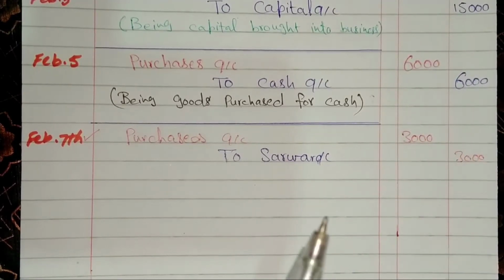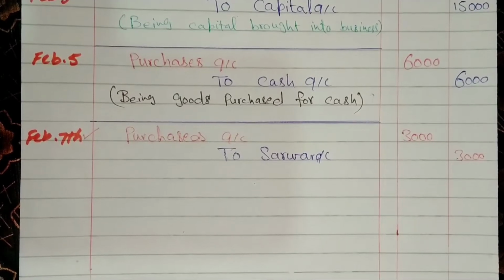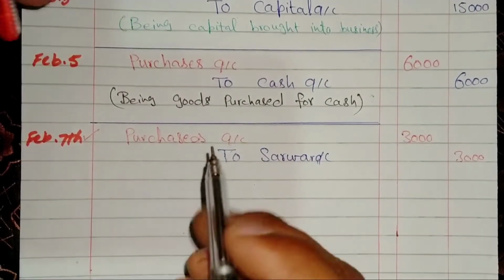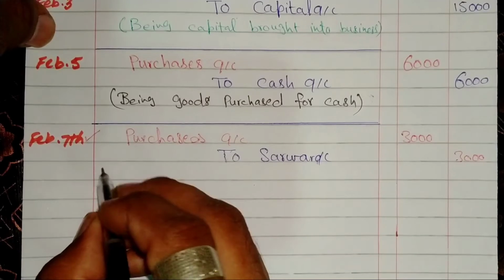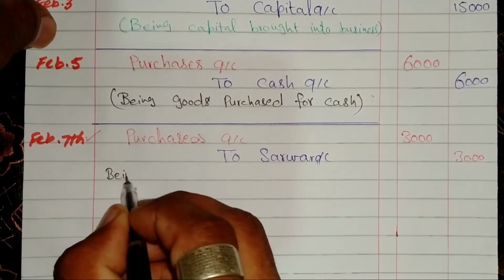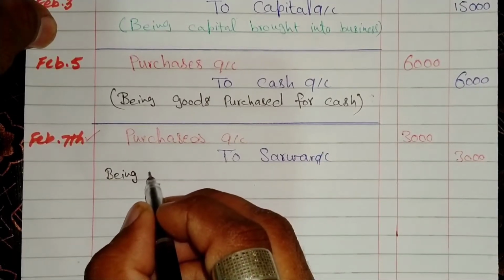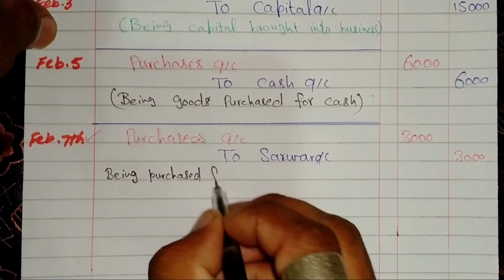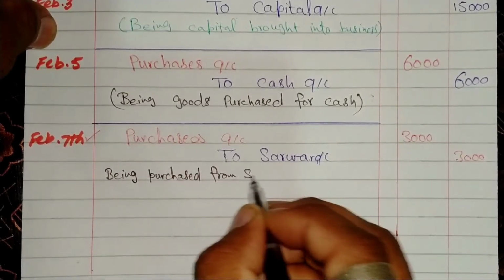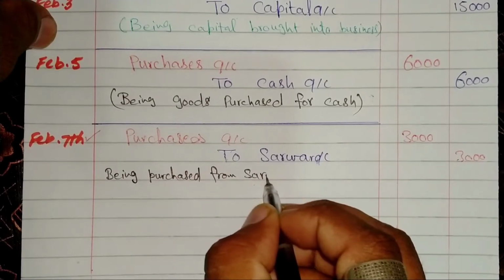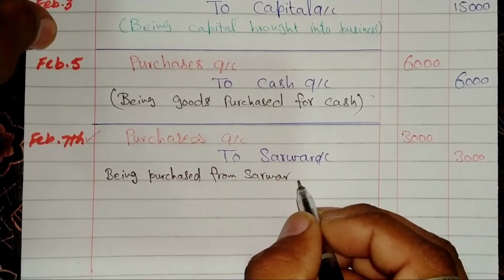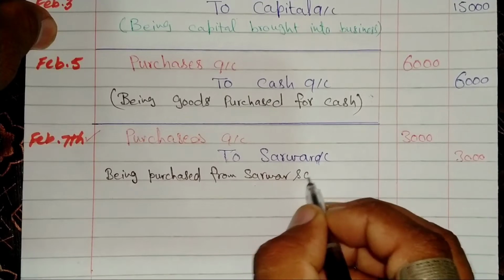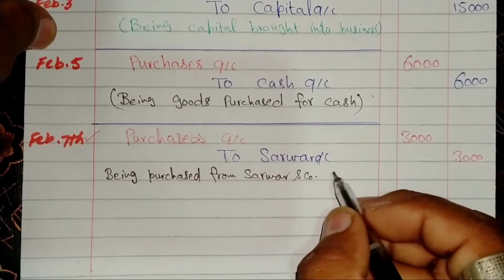The description of this entry will be being purchased on credit from Server and Company.